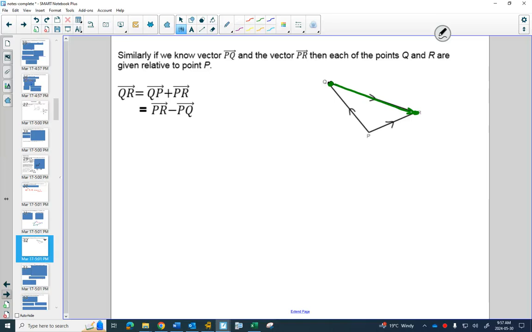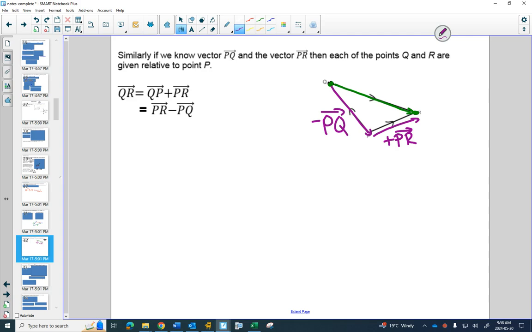Because doing the negative first says first you would go, I'll do it in purple, first I would go negative PQ, which is the same as going from Q to P. And then I would go plus PR. And negative PQ plus PR would get me from Q to R.